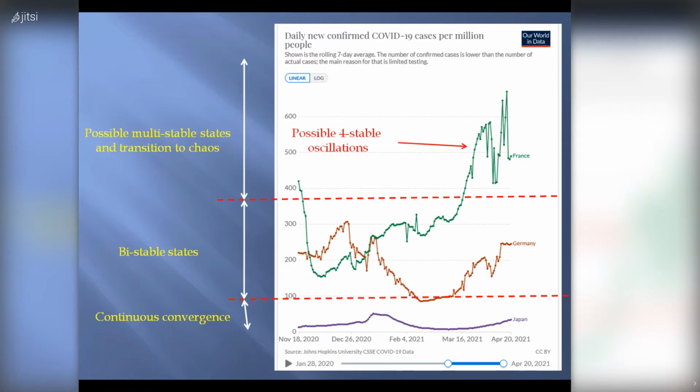This should be very bad news in the human case, but in the case of epidemics, it's rather good news. Then, if you go above this red boundary, you have these bistable states here, and above this one at, say, 380 or 400, you find this funny thing, which is likely to be a quadristable state. And if you went further, you should probably have multi-stable states and a chaotic behavior at the end.